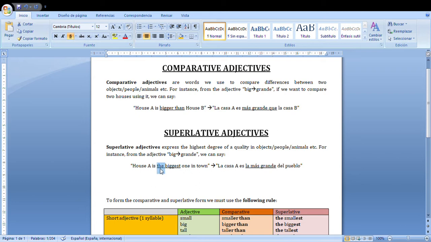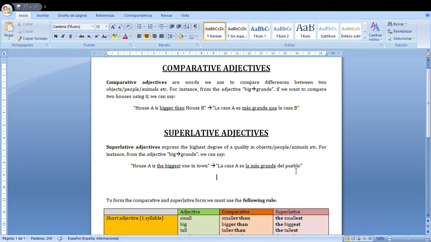Careful because the in case of the superlative and than in case of the comparative, it's the thing that you usually forget. So this is very important to have in mind. Almost always when we're using the superlative, we have to say, for example, la casa A es la más grande del pueblo, de la ciudad, del barrio. Usually you will find something behind.